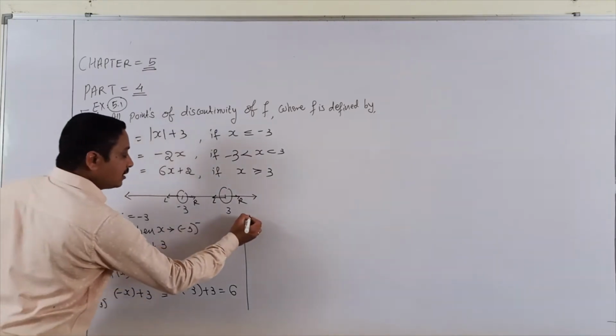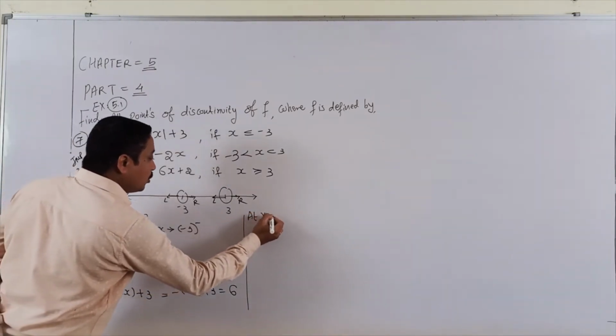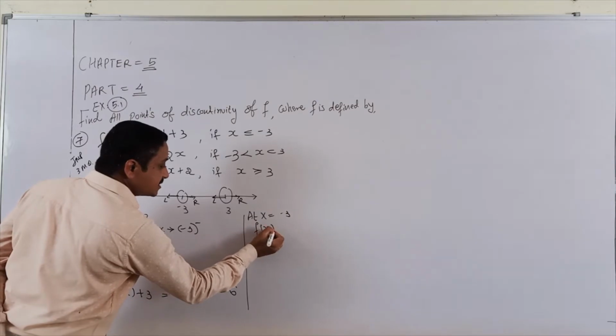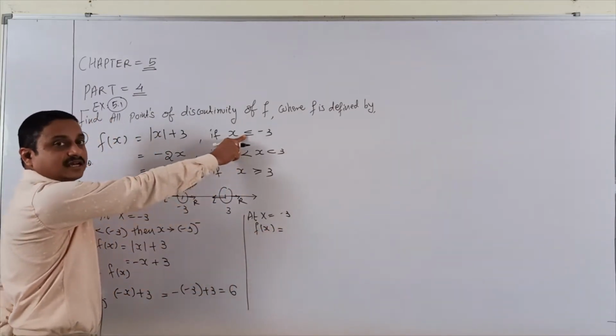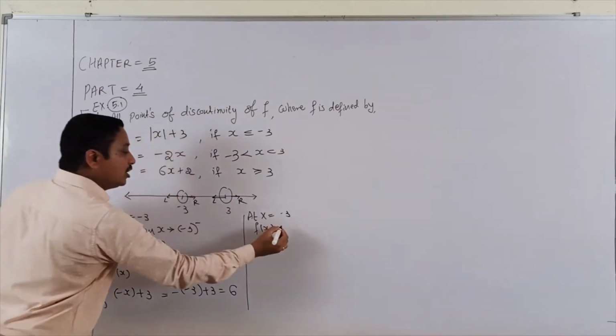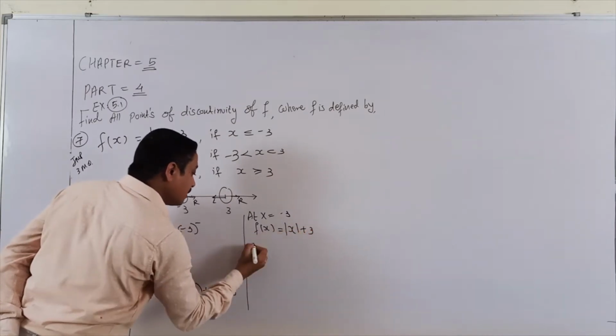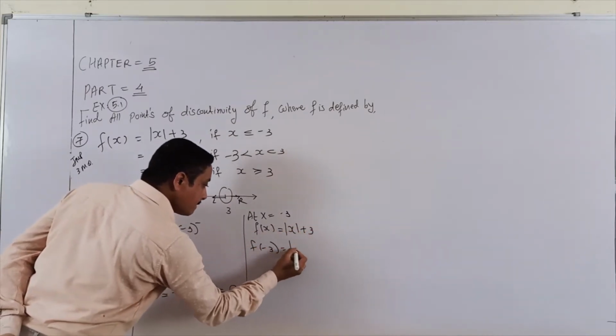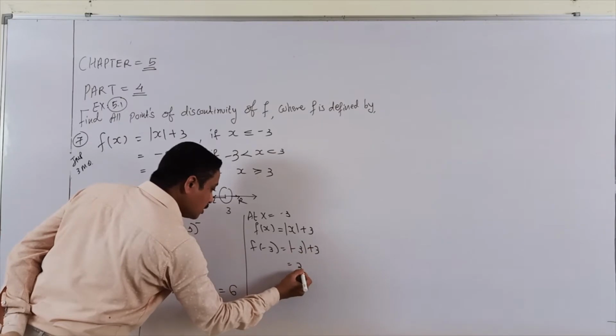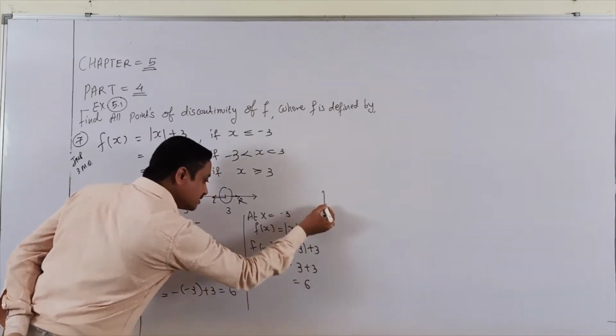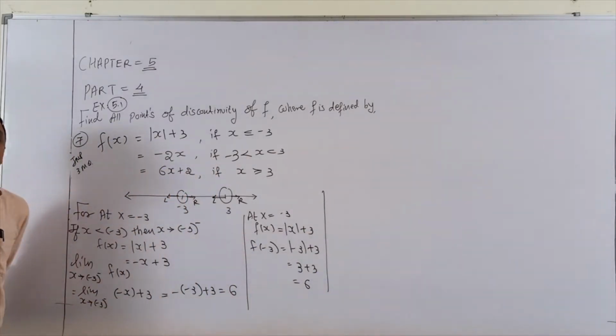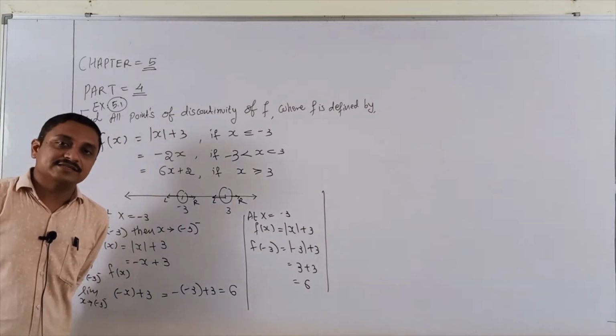Now similarly at x equal to -3, f(-3): read the question again, modulus x plus 3, and put the value. Surely the answer is the same, 6 and 6.